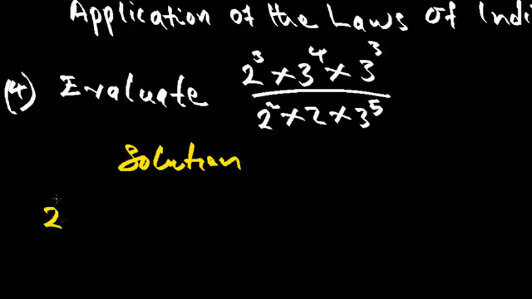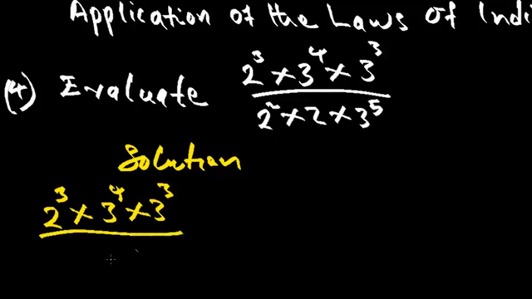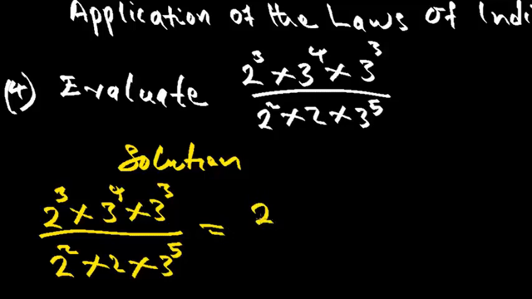So we have the solution. That means our 2 exponent 3 times 3 exponent 4, then times 3 exponent 3, all over 2 exponent 2 times 2 times 3 exponent 5 is going to give us, I will separate the 2's from the 3's.